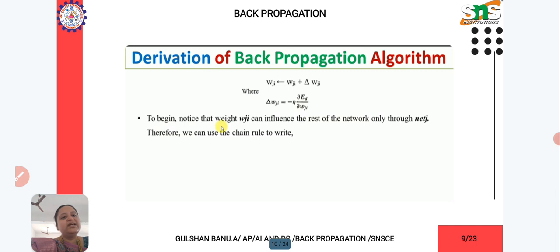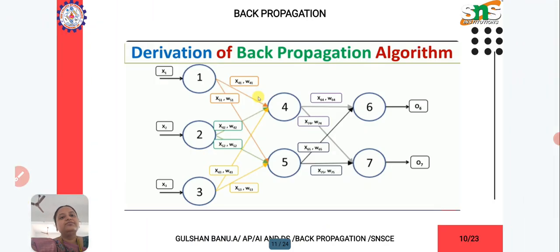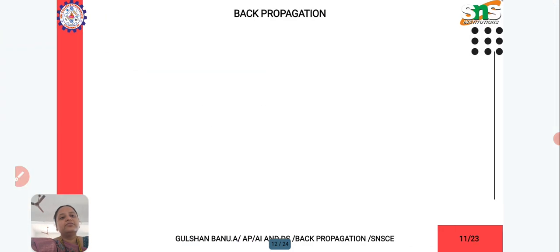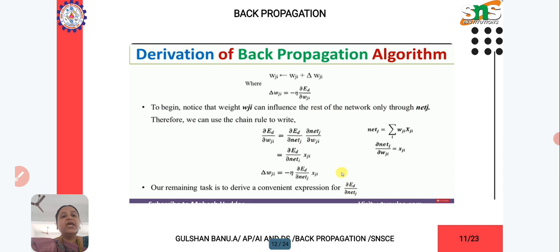Now you will derive the equation of the summation values and denote it with eta. After this, to begin, notice the weight w_ji can influence the rest of the network only through net_j.